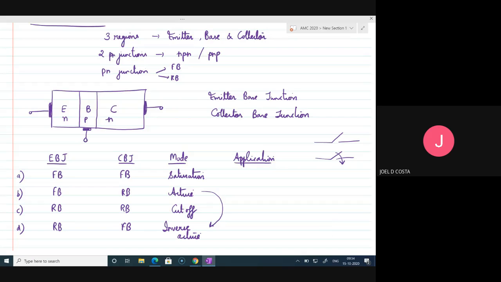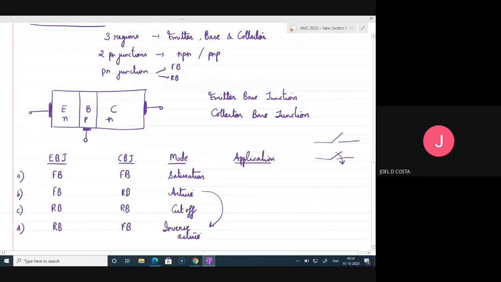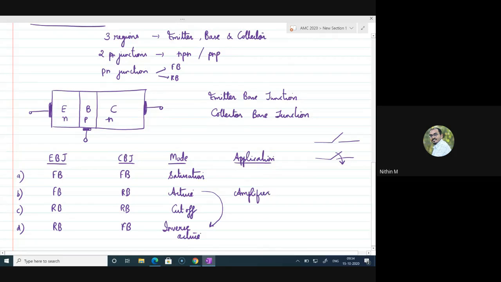Okay, and in active region, it acts as an amplifier. Very good. So where will it act as a closed switch? Saturation region. Very good. Thank you, Joel.